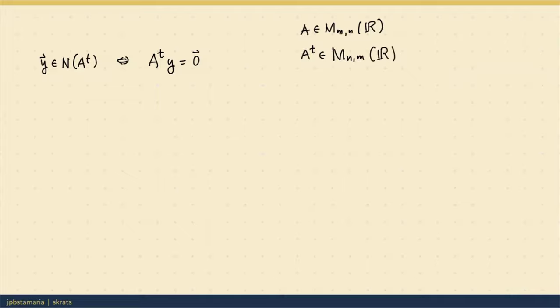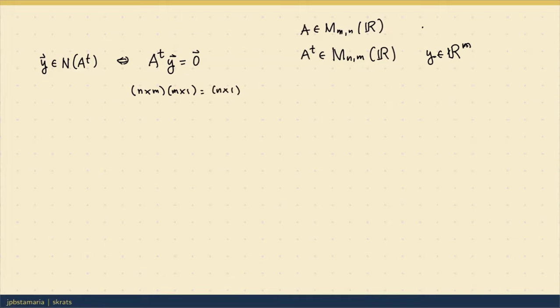And y here has to be in R^m so that A transpose can multiply it on the left. Okay? So this is like you have an n by m times m by 1 equals an n by 1 thing.